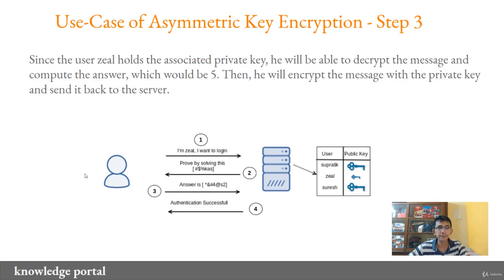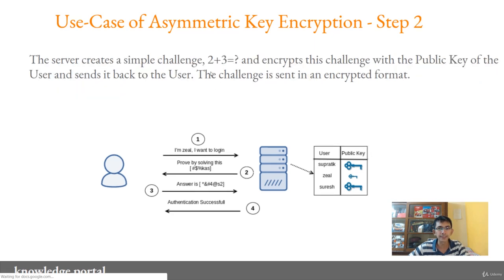Now within step 3, since user Zeal holds the associated private key, he will be able to decrypt the message and the answer is computed, which would be 5. So here the challenge is 2 plus 3 is equal to question mark, and this challenge was encrypted with Zeal's public key and sent across.